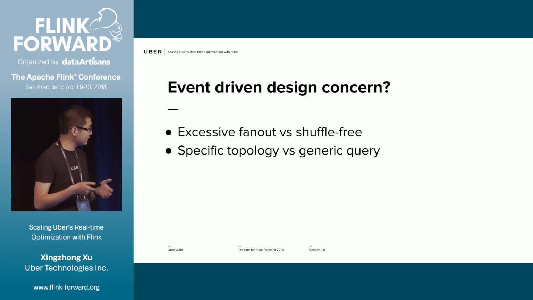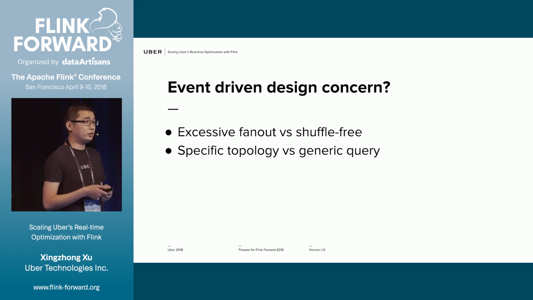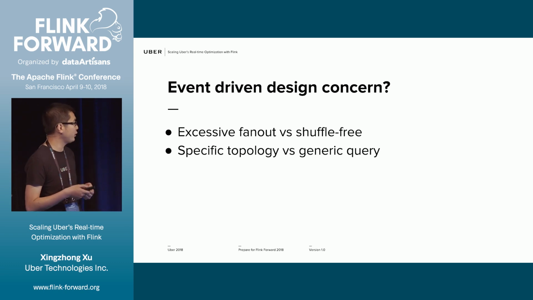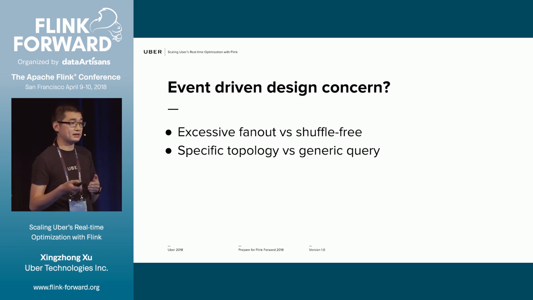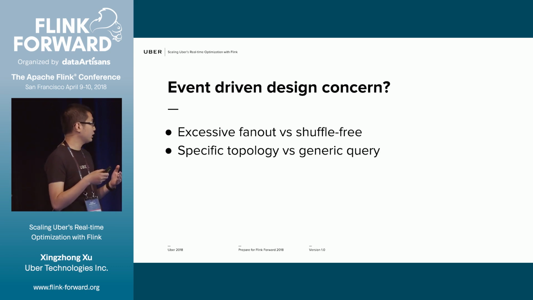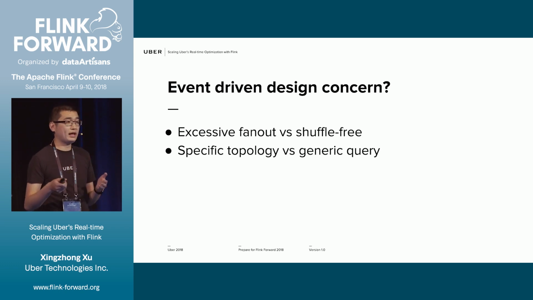And the entire thing seems too good to be true. So when we started to design these things and had some discussion, we indeed had concerns. The first one is that by using this event-driven design to replace the OLAP system, you are doing excessive fan-out compared to a pretty much shuffle-free OLAP system.